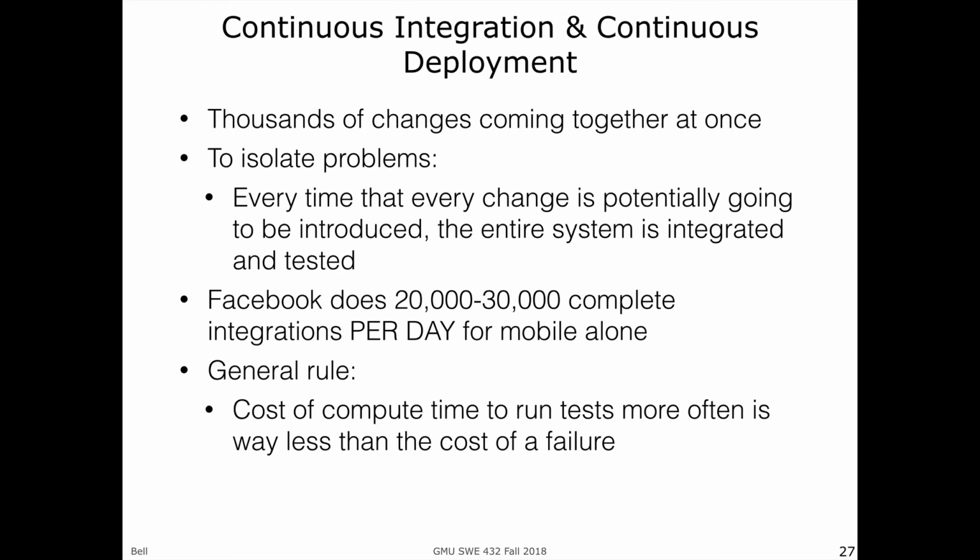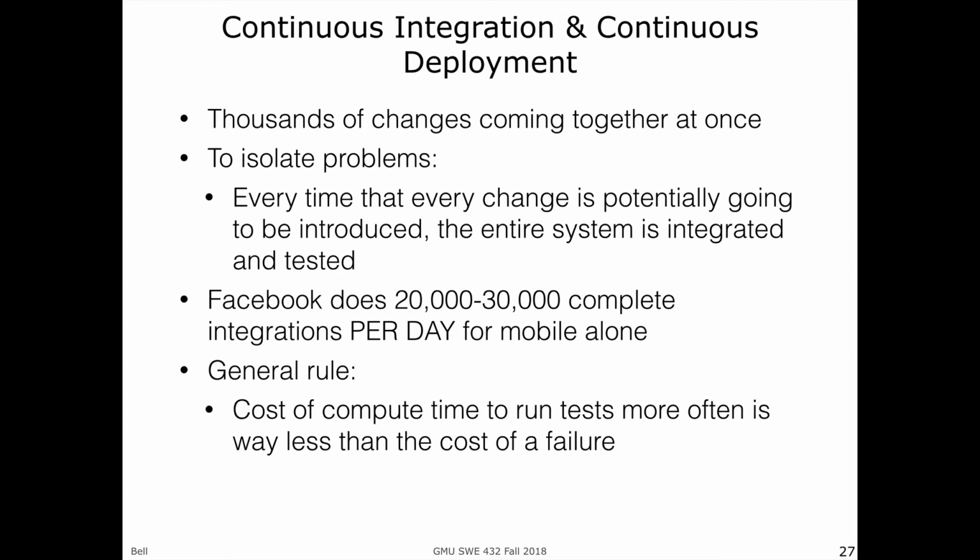So we have these thousands of changes potentially coming together at once in this staging branch. And we want to have some way that we can isolate individual problems. Each change that we're adding might potentially be causing a problem.